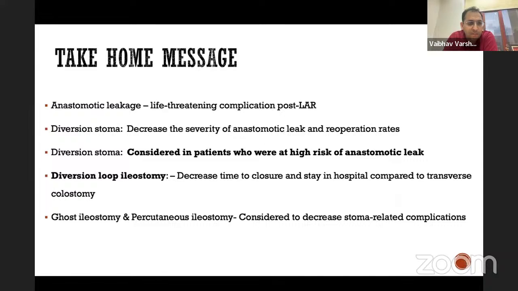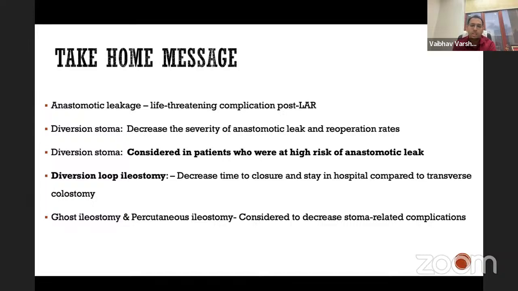So to conclude my talk, anastomotic leakage, as I mentioned, is a life-threatening complication after LAR. A diverting stoma, yes, decreases the severity of anastomotic leak and reoperation rate. A diverting stoma should be considered in patients who are at high risk of anastomotic leak. As I mentioned, we need to have all those risk factors in our knowledge when we are doing the surgeries, both pre- and intraoperatively, and based on those factors, if these are present, make a diverting stoma.